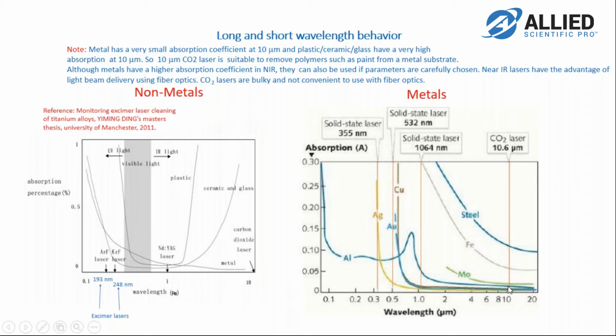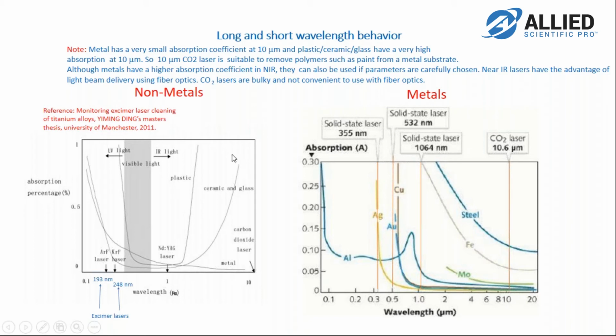But when you come to the shorter near infrared wavelength, this absorption coefficient increases drastically. So one has to take this effect into account: metals absorb more in near infrared as compared to mid infrared.